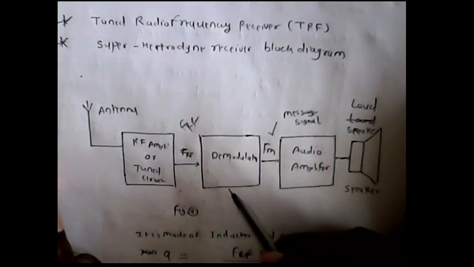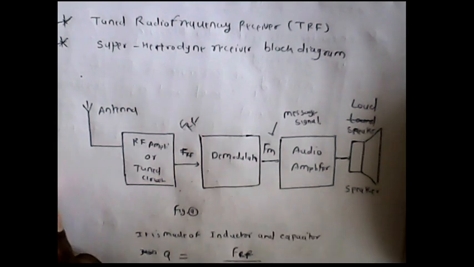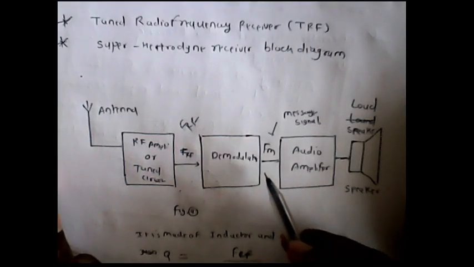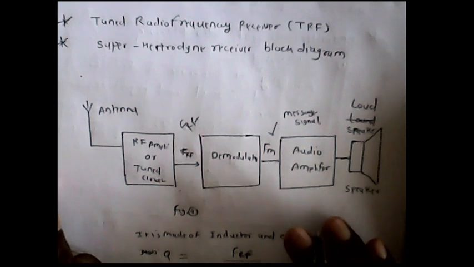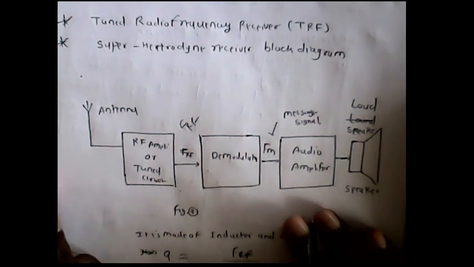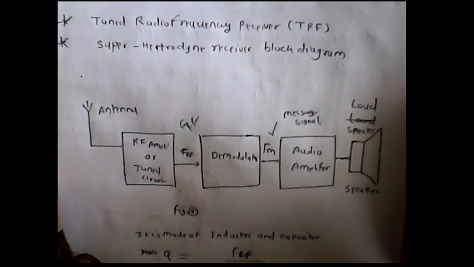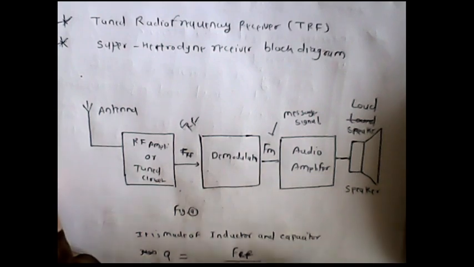So one of the demodulators will be present here, which produces a message signal, that is frequency f_m, and this message signal is generated at a very low amplitude, a very weak signal. So the audio amplifier boosts that message signal and generates a very high intensity sound at the loudspeaker. So that is nothing but the antenna.